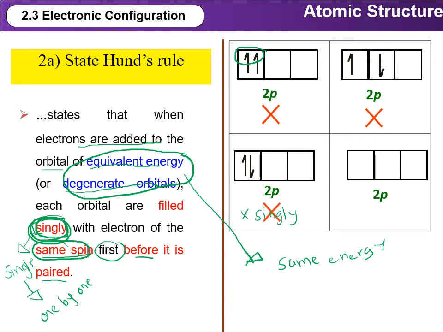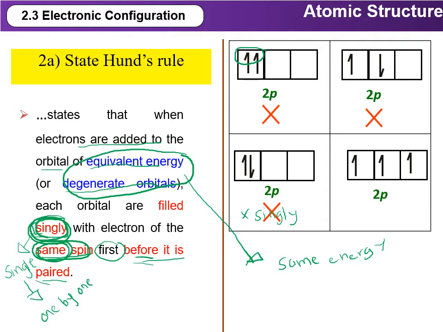So the correct way to fill up the orbitals is like this. The first electron fills the first 2p orbital. The second electron also needs to fill the second orbital, but again, reminder, it must have the same spin. The third electron fills the third 2p orbital with the same spin as well, before pairing.